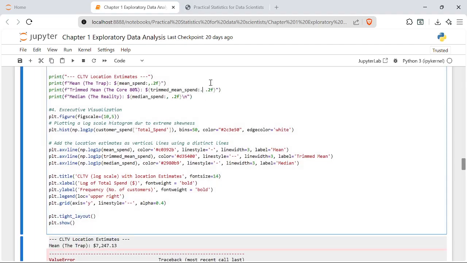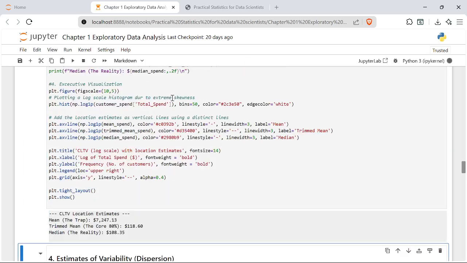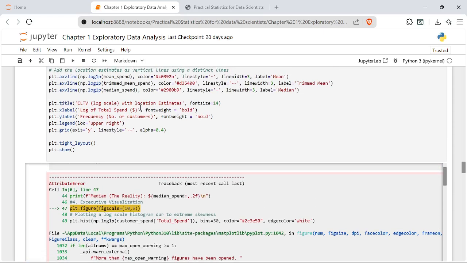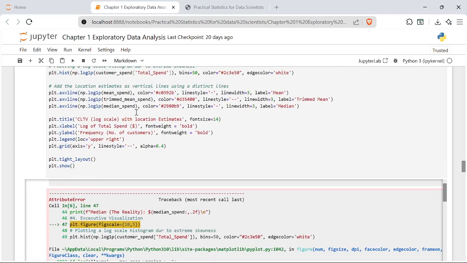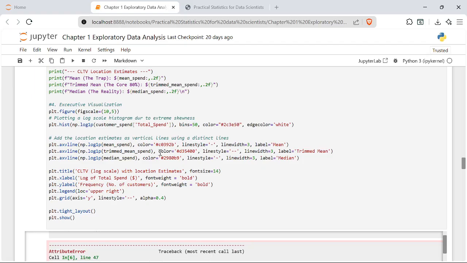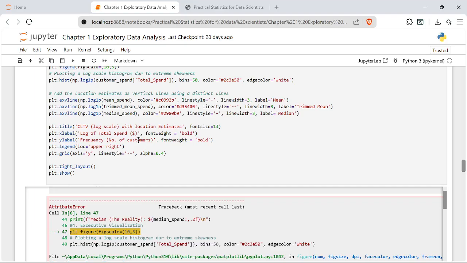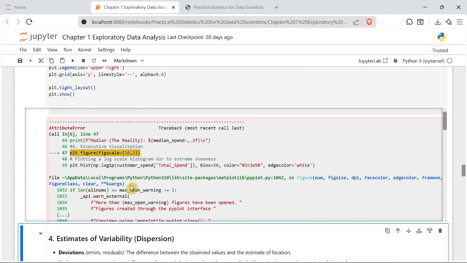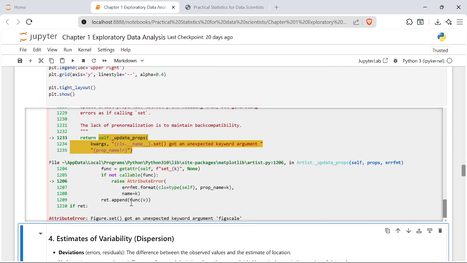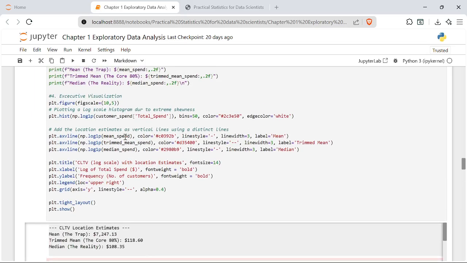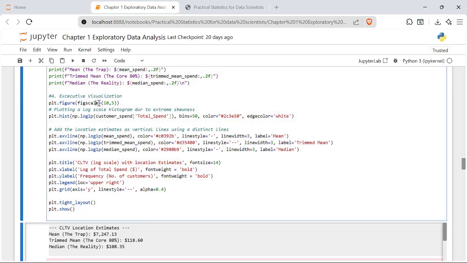Number 43. plt.fig scale, number 47. Figure.set got an unexpected argument fig scale. Fig size.